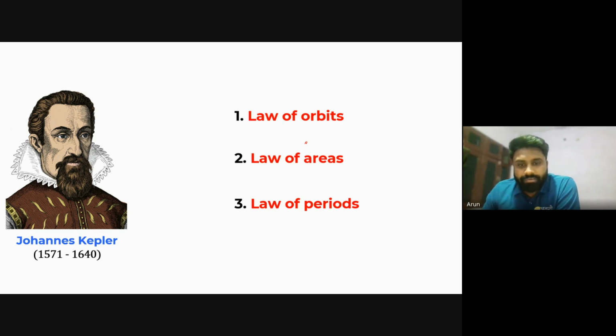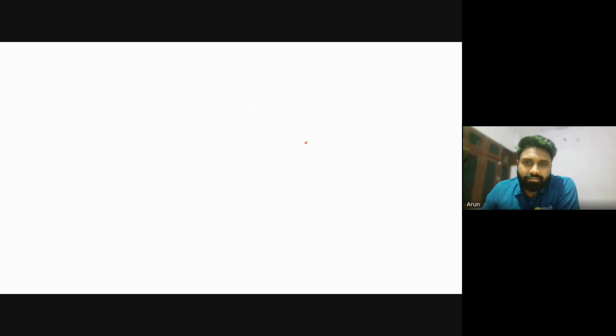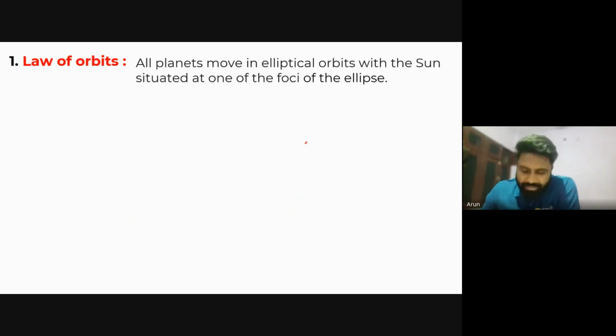Now, the law of orbits tells us what type of trajectory a planet should have when it revolves around the sun. One thing has been clear over a decade, since the time period of Kepler began.